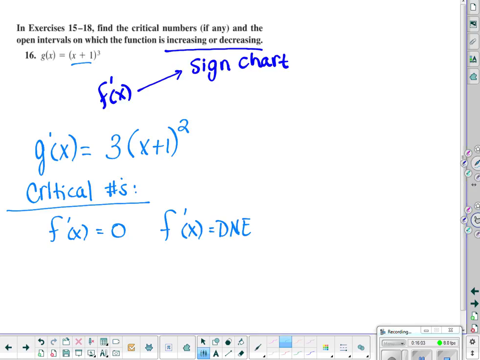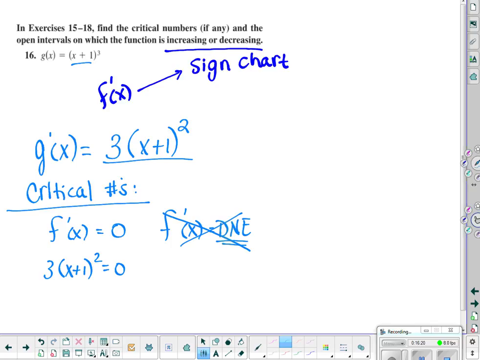So for that, let's take our derivative, set it equal to 0. In this case, for DNE, there is a denominator without any variables. I don't have to worry. DNE does not apply to this particular problem.